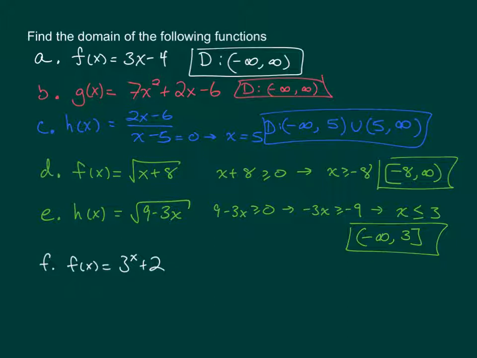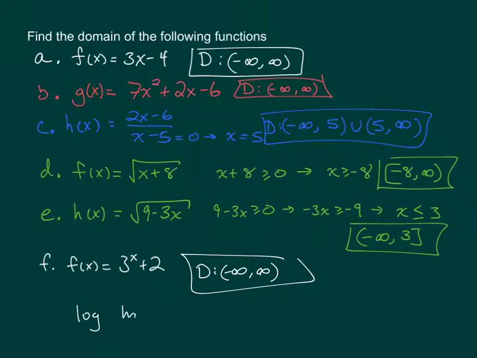And part F, this is an exponential function, and there are no restrictions here, so we can just jump right ahead to the domain of negative infinity to infinity. The last type of function that has domain restrictions is the log function.